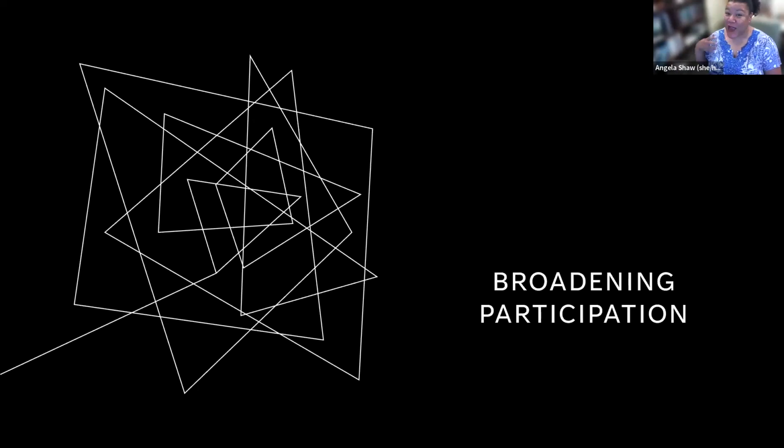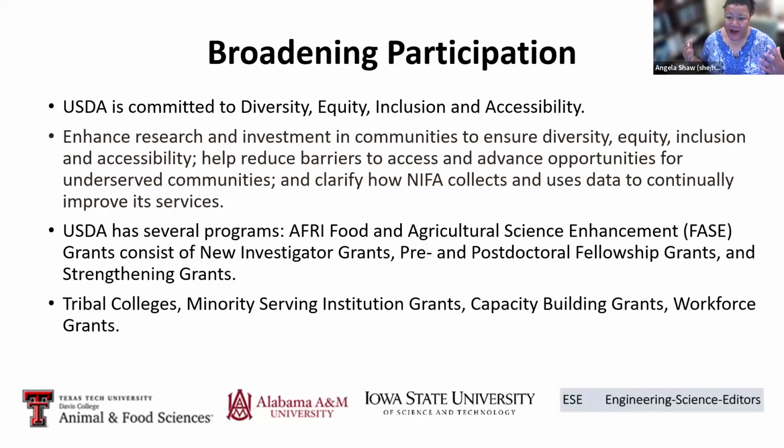Hopefully those initial thoughts on definitions were really good. I'm going to go forward and talk about broadening your participation. Broadening participation is something that USDA as well as NSF are really dedicated to.